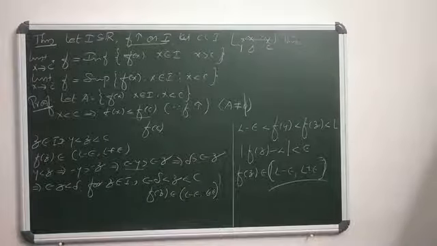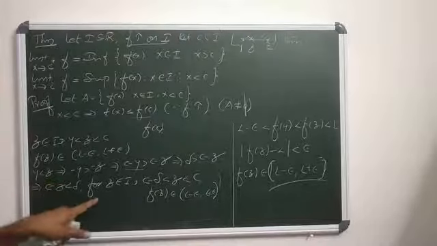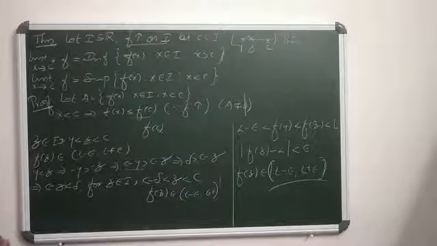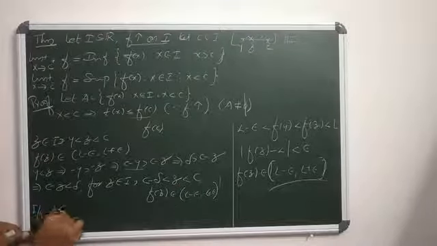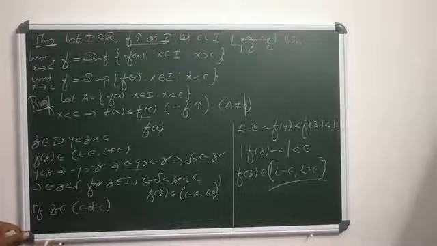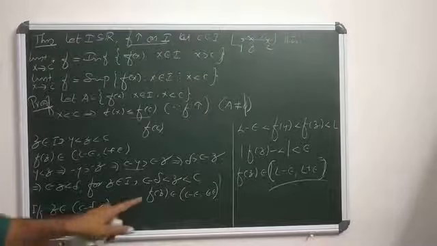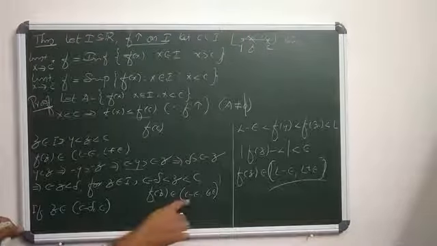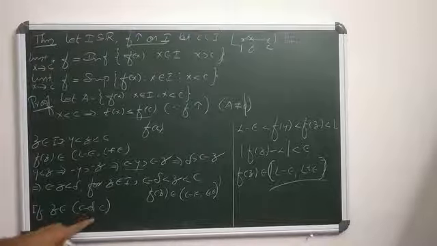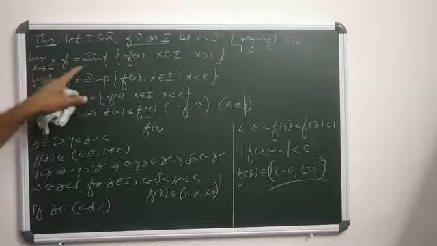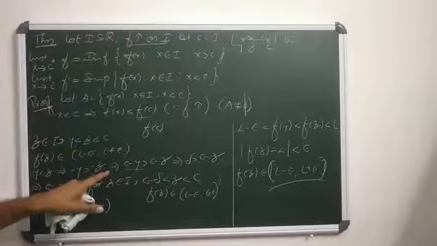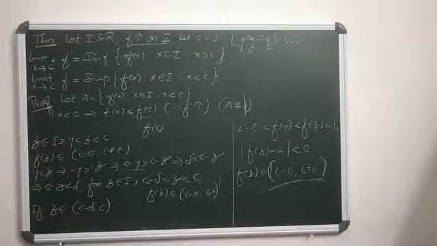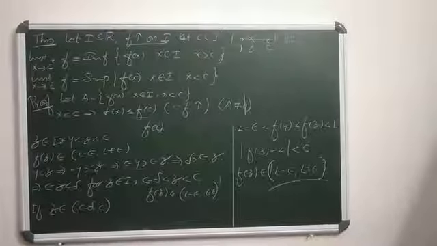Agree? That means if z falls in the open interval c minus delta, c, then f of z falls in the open interval L minus epsilon, L plus epsilon. So limit x tends to c plus of f equals L. What is L? L means supremum of A.